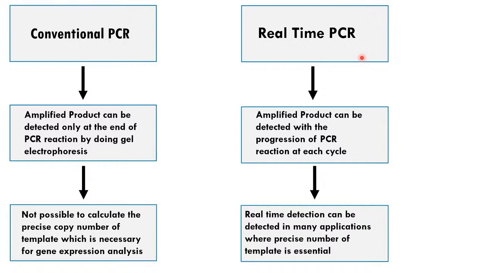So this kind of analysis can be done by real-time PCR, where you can detect the amplified product at every step of PCR, as well as do some mathematics and find out the amount of initial template, the amount of initial cDNA or RNA. Right? Now, how are we detecting it?